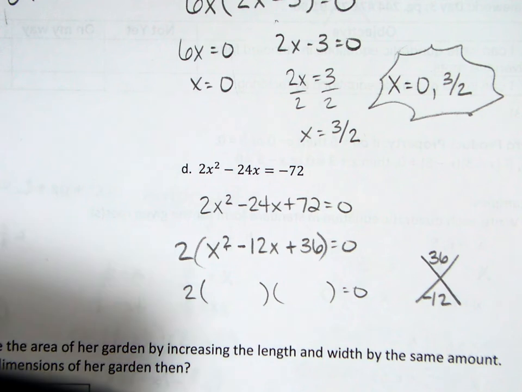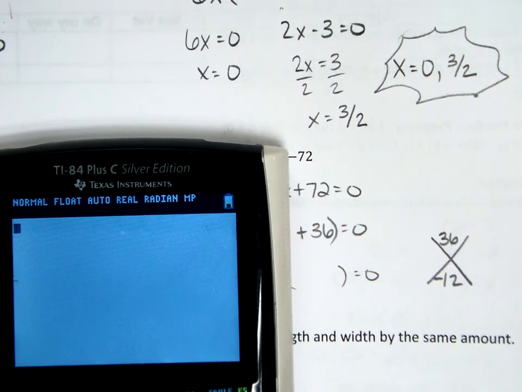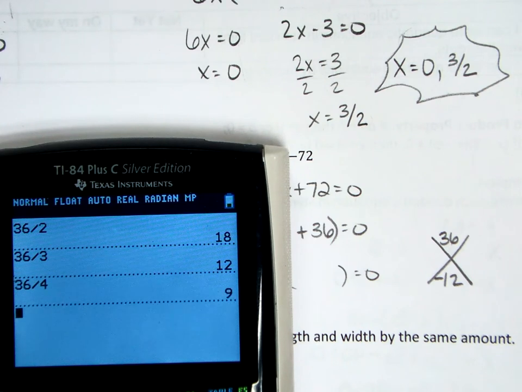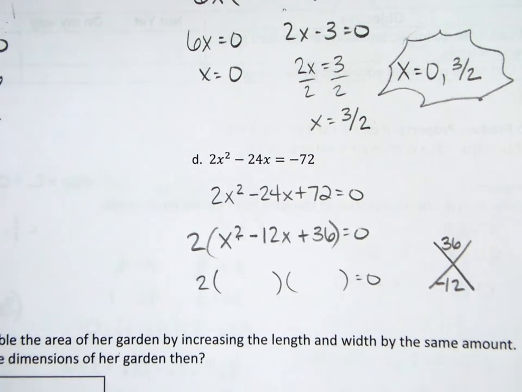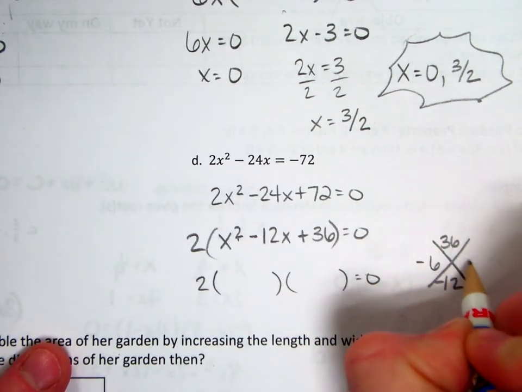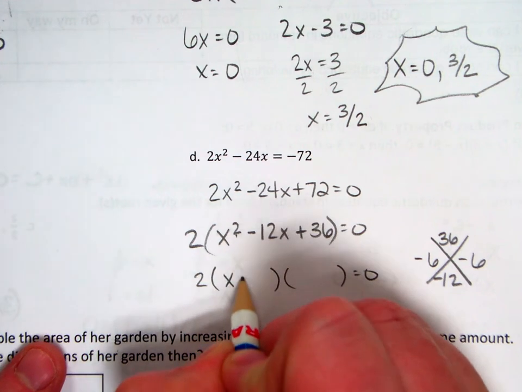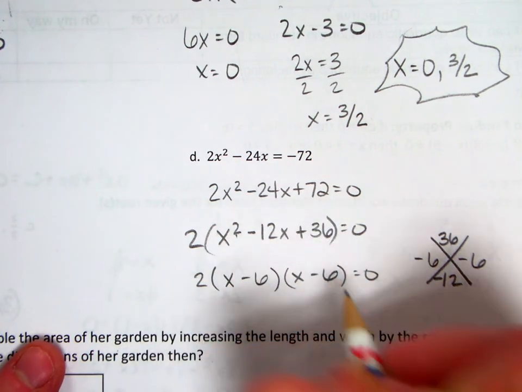So I don't know, so I'm going to check on my calculator. 36 divided by 2, 18, 36 divided by 3, 12, that doesn't get me 12. 36 divided by 4, that gives me 9. 36 divided by 6 is 6. Oh, duh. Negative 6 and negative 6. See, even my brain doesn't work sometimes. Negative 6 and negative 6. So I get x minus 6 and x minus 6.